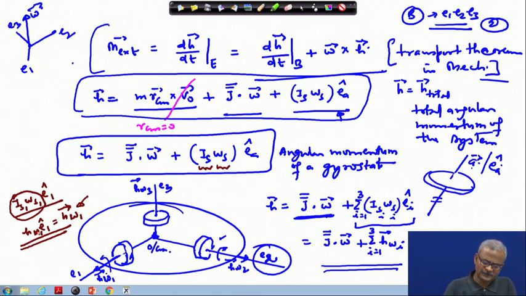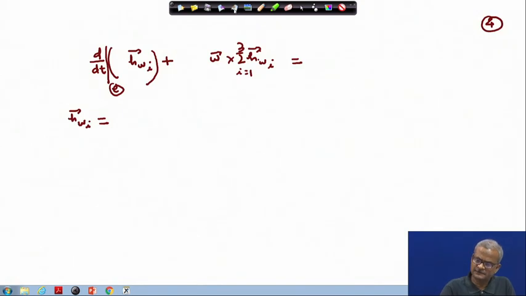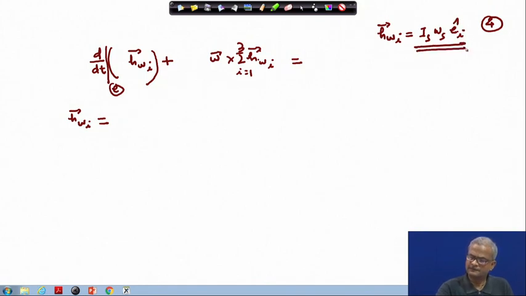Following this notation, we should understand that H W I is nothing but I W times, or I s times, omega s times, depending on the direction, E I cap.